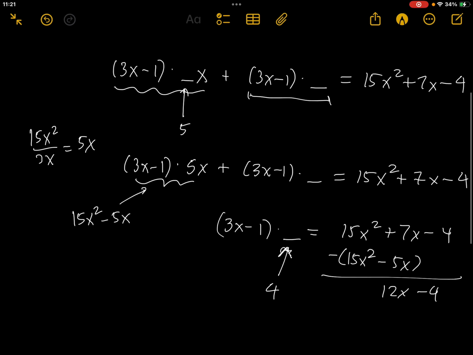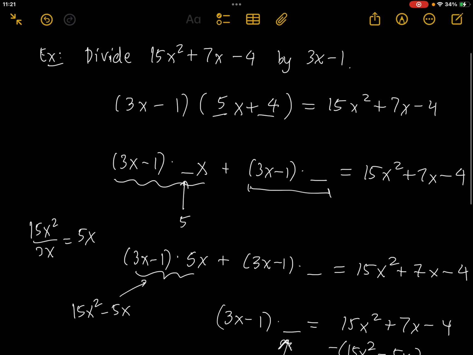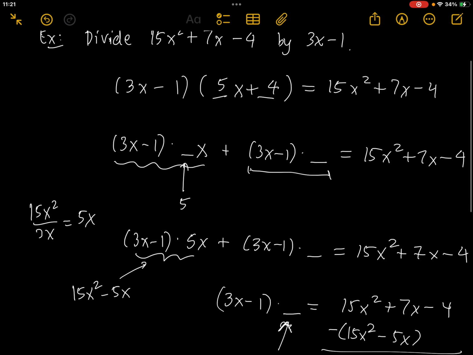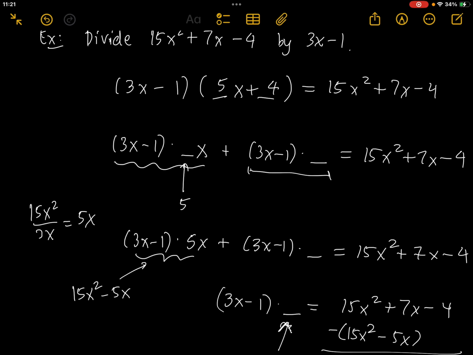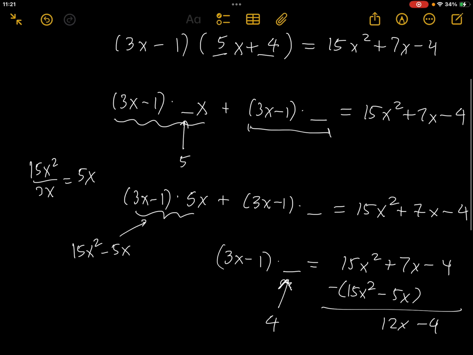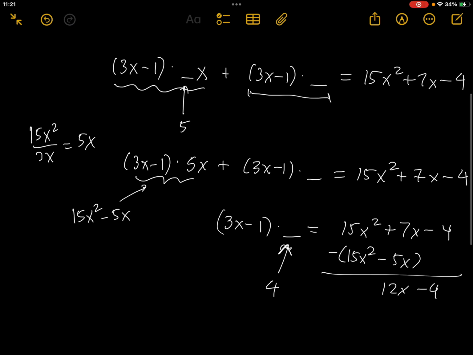Let's reorganize the process. First of all, let's go over what the process was. The process was we figured out what the degree of the polynomial that we're looking for is. And then we used our reasoning to figure out what the first constant has to be. We saw that it has to be 5 because we need the 3 and the 5 to multiply to 15.